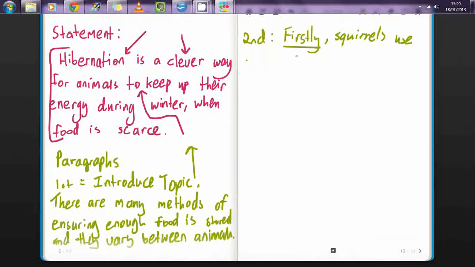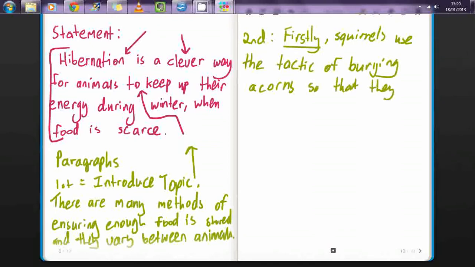Use the tactic of burying acorns, for example, so that they do not freeze during winter.